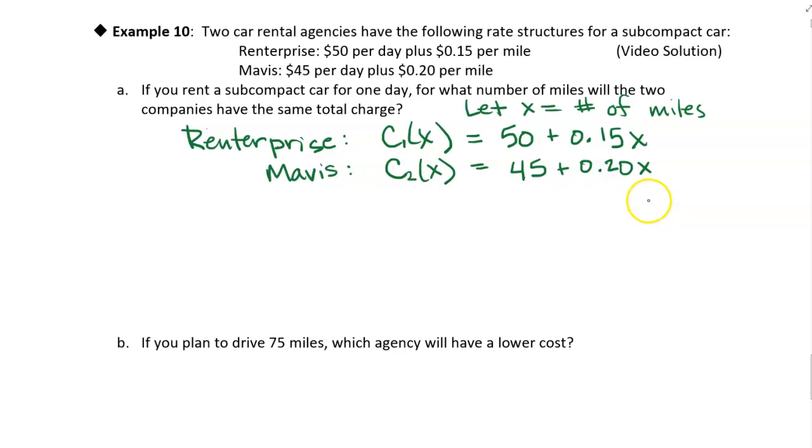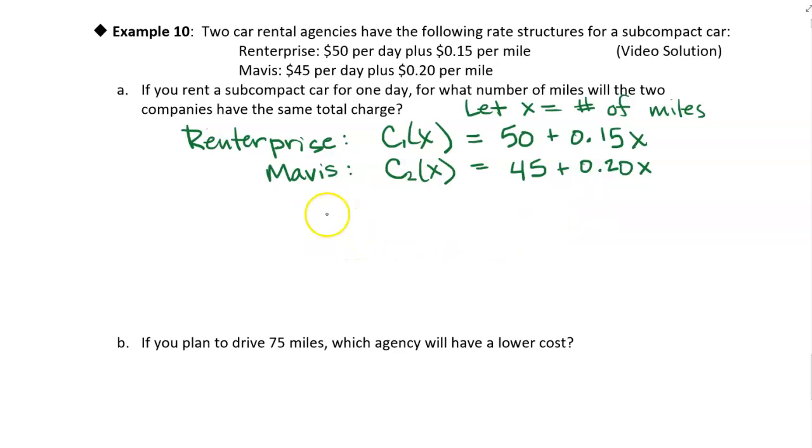All right, now we want to know what number of miles will the two companies have the same total charge. Okay, so now that we have the equations for the total charge, we're just going to set them equal to each other because we want to find when their costs are the same. At what mileage would their costs be the same?